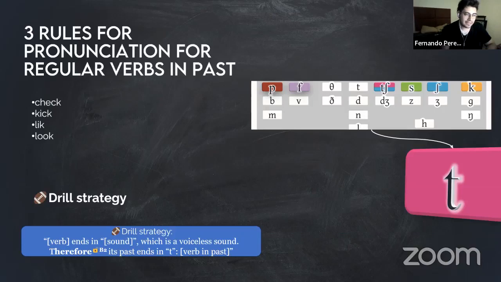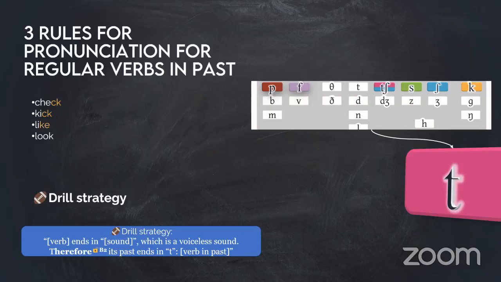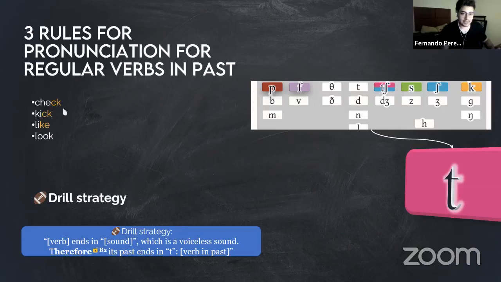How do you know the past of check? Okay. Check ends in CK with a voice sound. Okay, but it's not CK. Remember that we are not talking about alphabet. What is it that you pronounce? Check. Only this? K. In K. Okay.